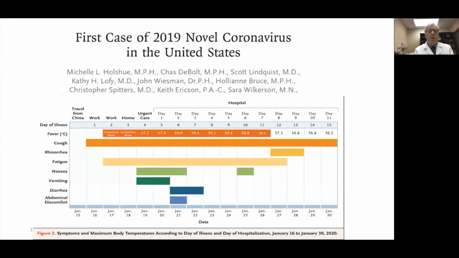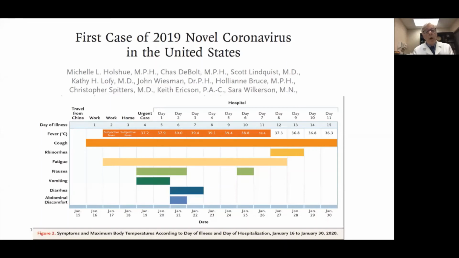However, on that day, because of the concern that he had come from Wuhan, where there was the epicenter of the outbreak at the time, he was tested for this particular infection, and that eventually became positive. He was subsequently admitted to a hospital the next day. You can see on day 6, the second day of hospitalization, he developed a fever. He had other symptoms, as you can see on that bar graph below, such as nausea, vomiting, and diarrhea.